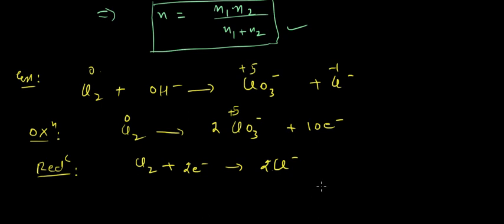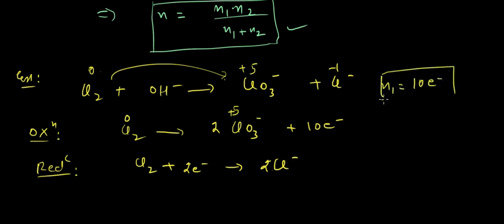In the oxidation state, as Cl2 is going from 0 to plus 5 and there are 2 moles of Cl involved, 10 moles of electrons are required. So N1 would be 10.